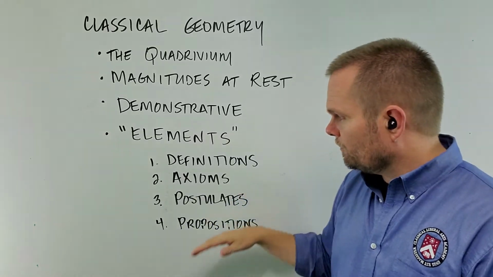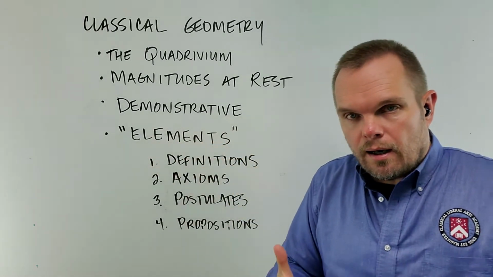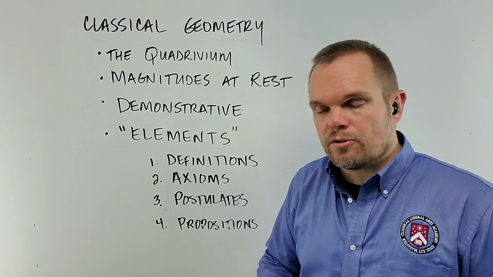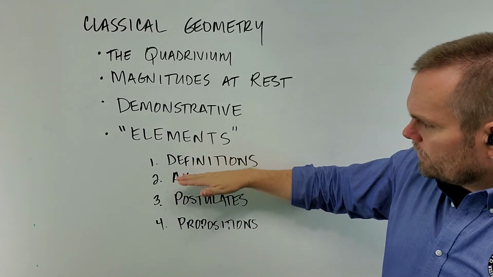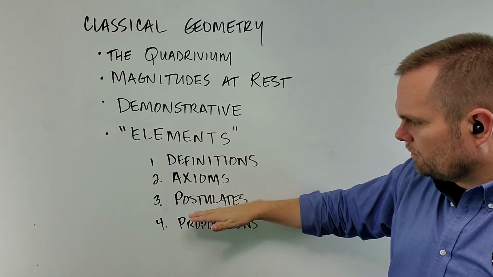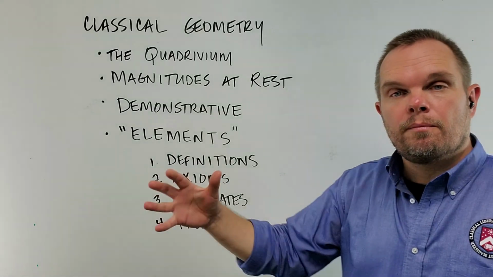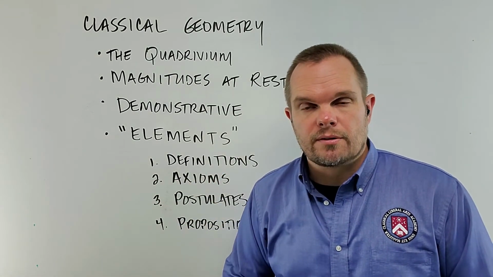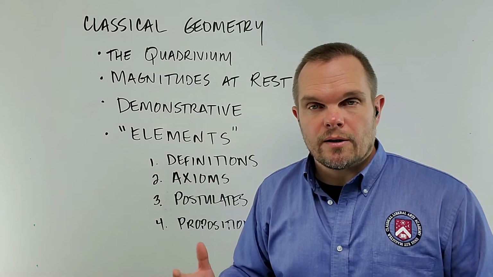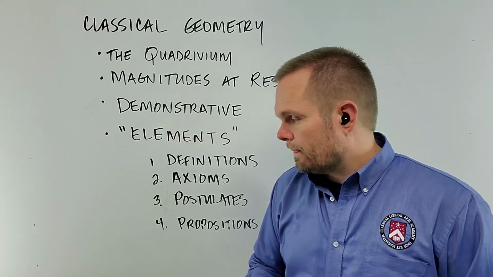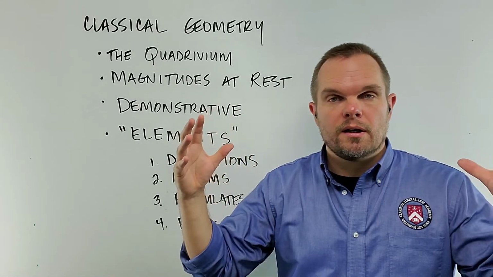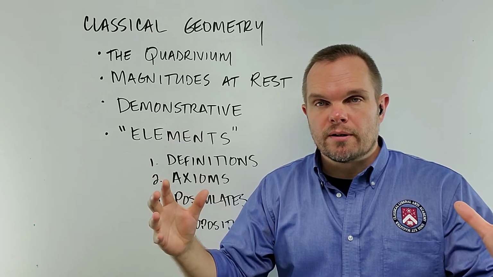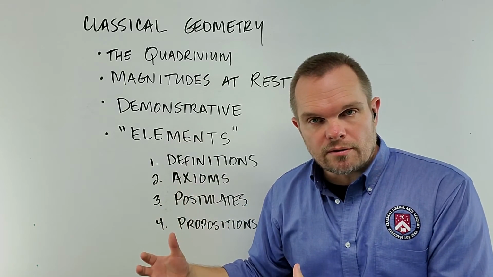Okay? So what the elements become as we go through geometry are the definitions, axioms, postulates, and prior propositions that are solved in our study of geometry. And what we'll do is build a knowledge of geometry that's absolutely certain.